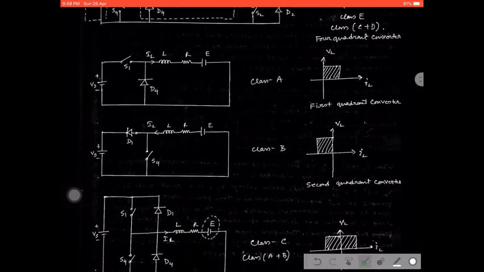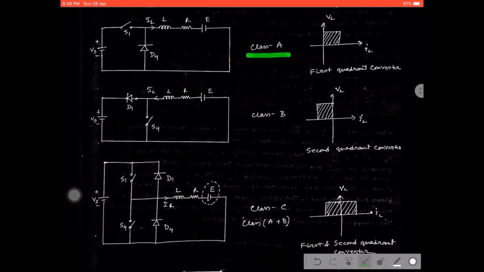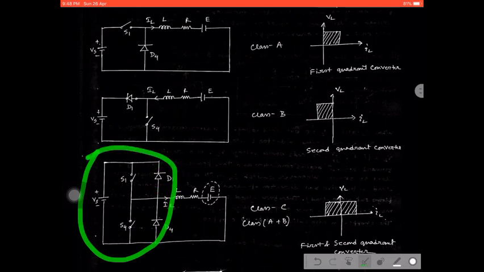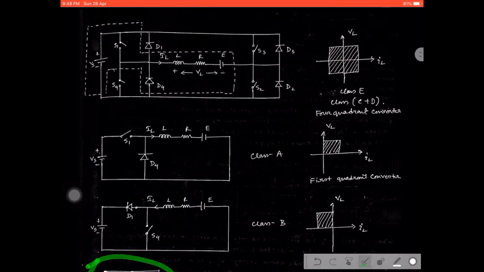Okay. Now see, class A plus class B will give you the class C chopper. That means if we add these two circuits, S1 and D4, which will provide you the class A chopper, then S4 and D1, which will provide you the class B chopper, and they are connected in this particular manner, and that is well reflected in the class C chopper.